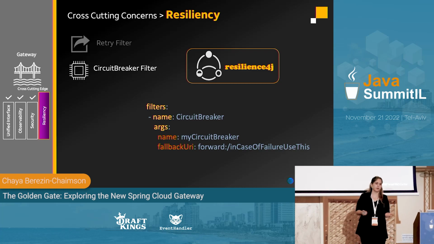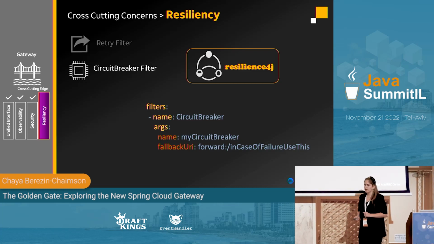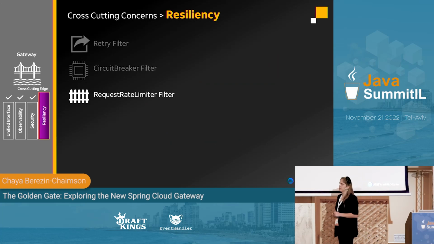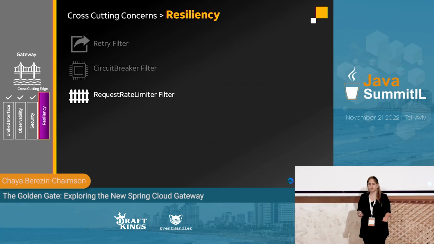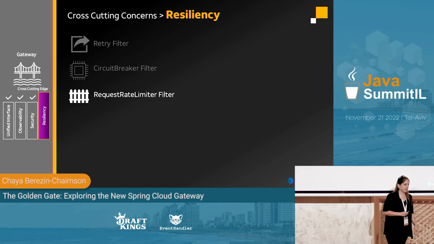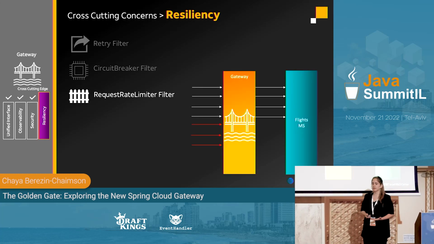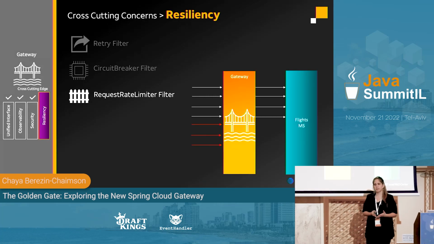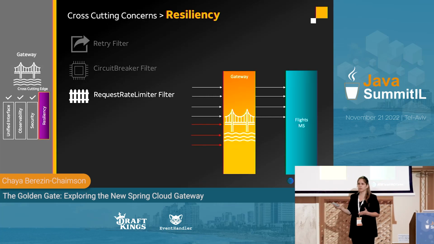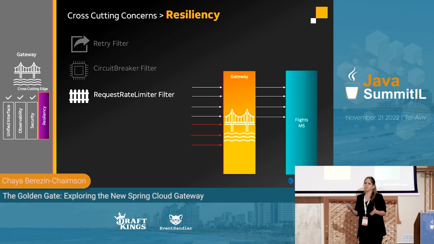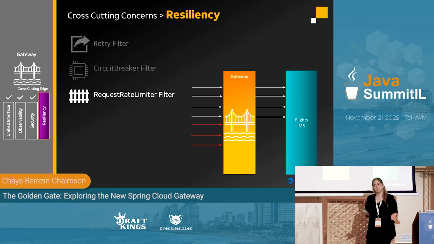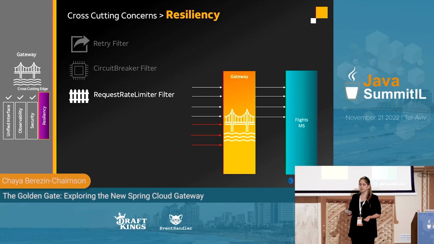So it's very powerful. Another interesting filter related to resiliency is the request rate limiter filter. The gateway, as it functions as the router of the requests, can limit the request rate that will be forwarded to the internal microservice. Now, this is useful for preventing DDoS attacks, and it's also useful for cases where we have a service that cannot support a load above a specific threshold.